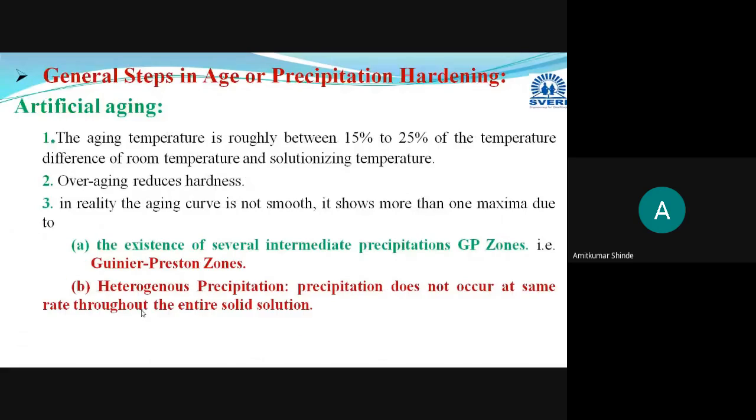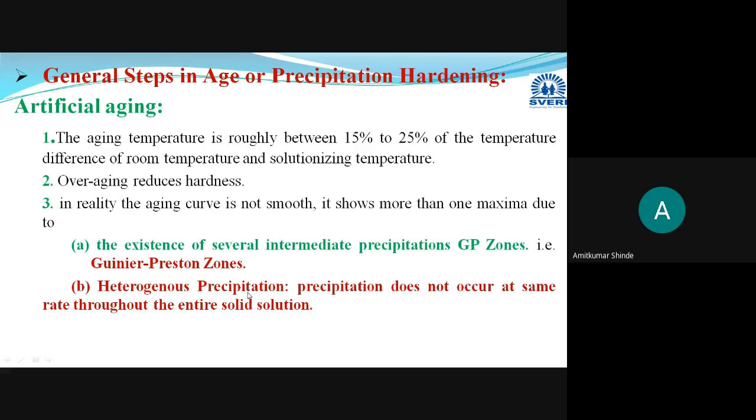Then we discussed what exactly happens in artificial aging, how to select the temperature range, then why the natural aging curve and artificial aging curves are different, or why more maxima will be there in artificial aging due to the appearance of the GP zone, that is the Guinier-Preston zone. And this Guinier-Preston zone may occur due to heterogeneous precipitation also.